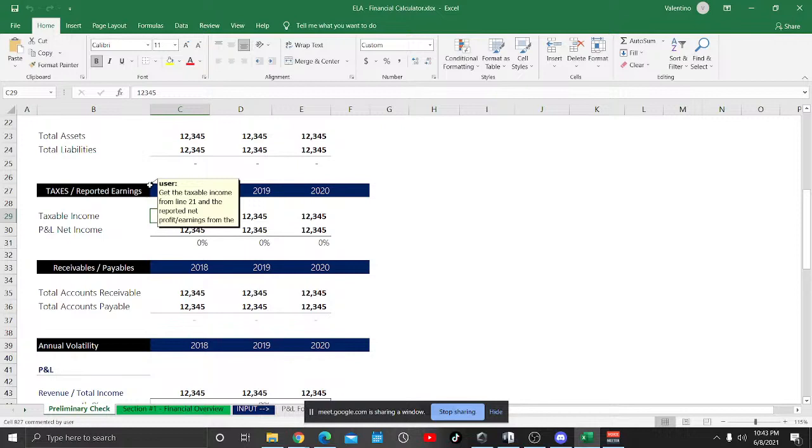Well, there are significant reasons why the two numbers differ. I always like to use the Al Capone approach. They say that Al Capone got busted because he had two sets of books. Well, the reality is every company has two sets. They have a tax book and they have US GAAP. There are significant reasons in the tax code right now as to why taxable income could be materially different than P&L net income.